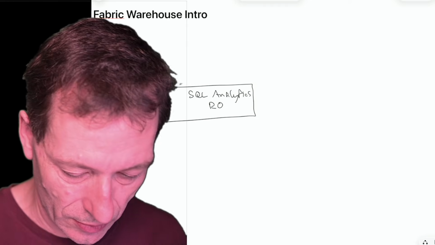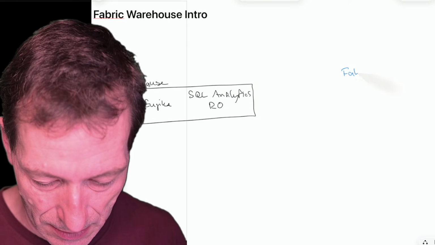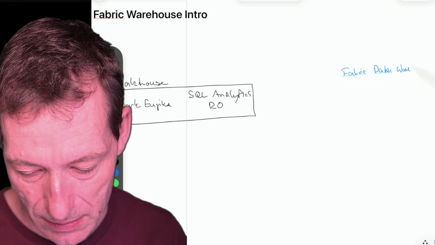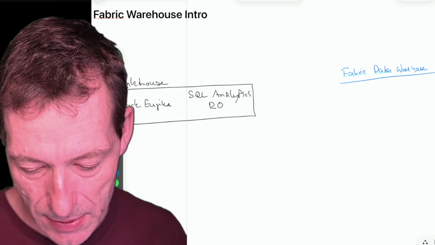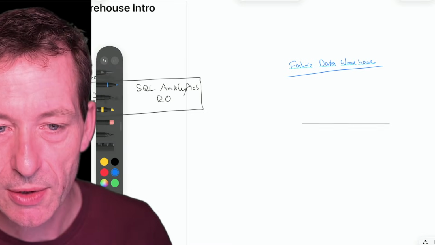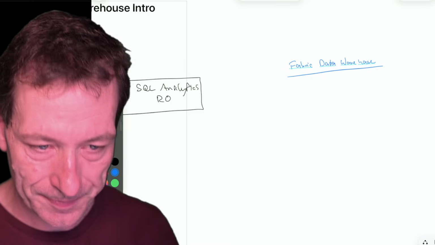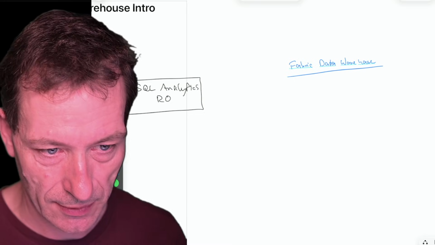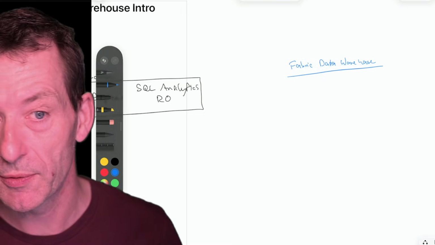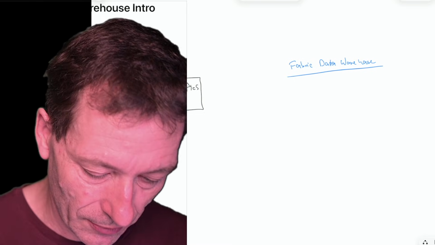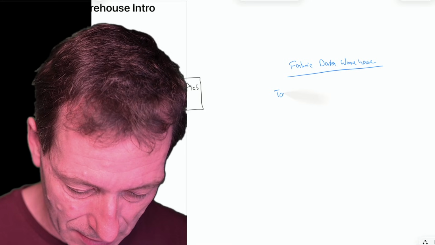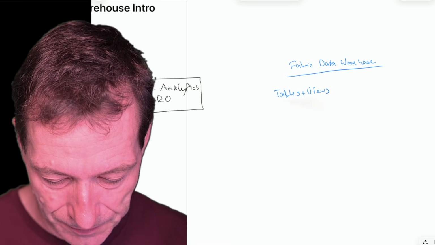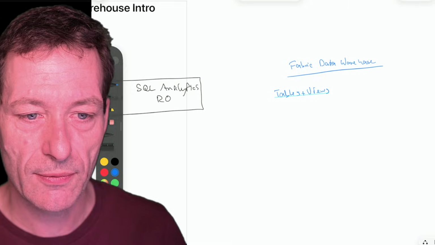Let's make it blue today. Fabric data warehouse. And you will see that we have a much richer feature set in there, because we can read and write data through the SQL endpoint. So this is like for the T-SQL first experience. First, you have, of course, tables and views in this Fabric warehouse.